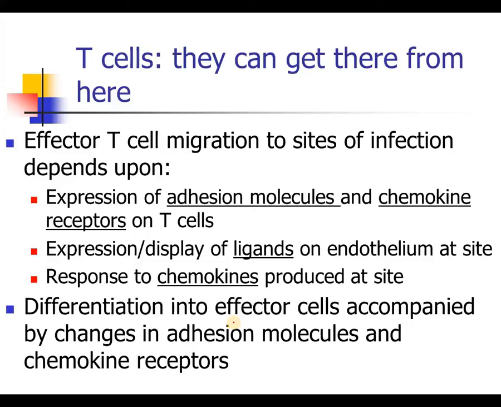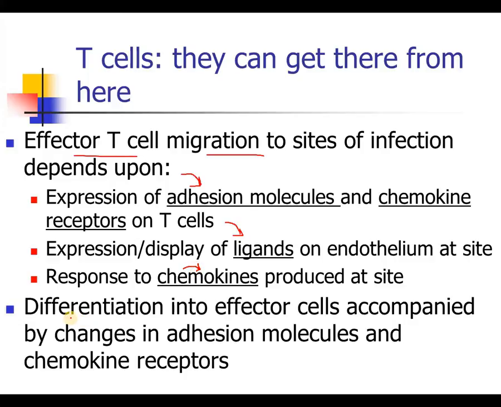So, once you have an effector T cell, migration to the sites of infection depends upon expression of adhesion molecules and chemokine receptors on the T cells, expression and display of ligands on the endothelium at the site of the infection, and response to chemokines produced at the site. Again, this is no different than what you saw with neutrophils, just slightly different molecules.